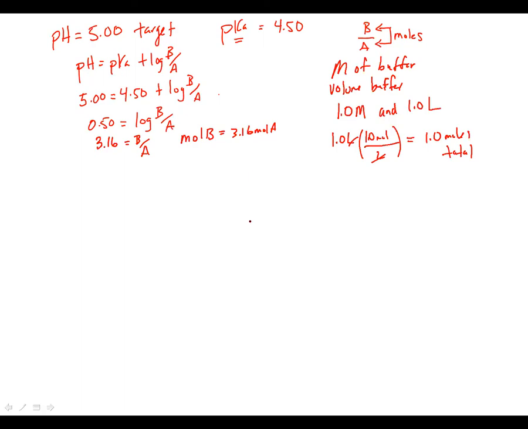And remember, in our buffer there is moles of our acid moving around, and there's moles of our base. So 1.0 moles total is the moles of our acid plus the moles of our base, right?